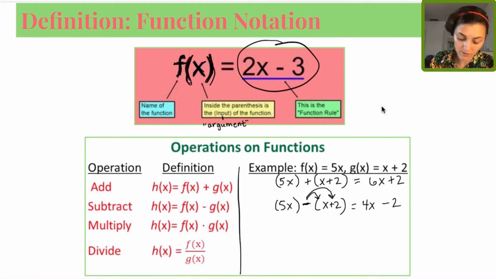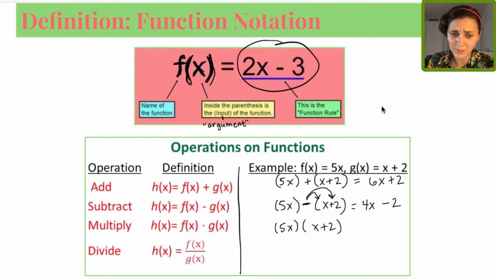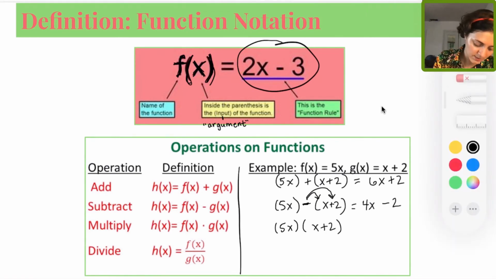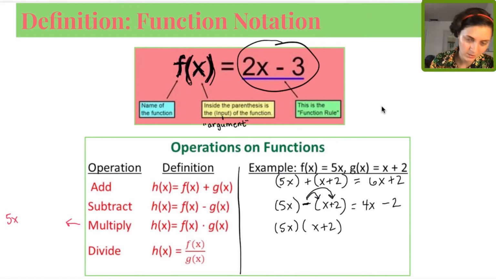Multiplication, this is another instance where we need parentheses. Okay? So that is the proper way of writing this, 5x times x plus 2. If you didn't use parentheses, I'll just put this out on the side in red to indicate that it's wrong. If we didn't use parentheses, we would have 5x times x plus 2.